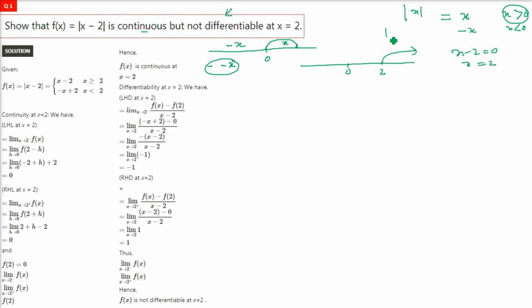If it would have been mod x plus 1, it would have been x equals minus 1. So above 2 it will be x minus 2 positive, below 2 it will be negative of x minus 2. Same logic. Right hand side it will be plus of x minus 2, left hand side it will be negative of x minus 2, that is minus x plus 2. Okay. So this we are going to use in our solution.